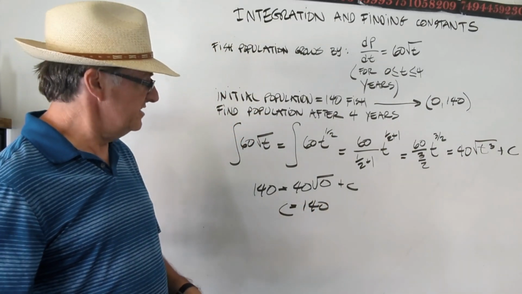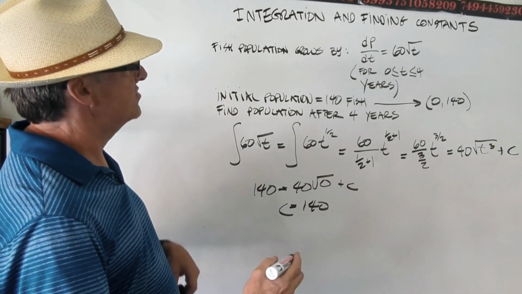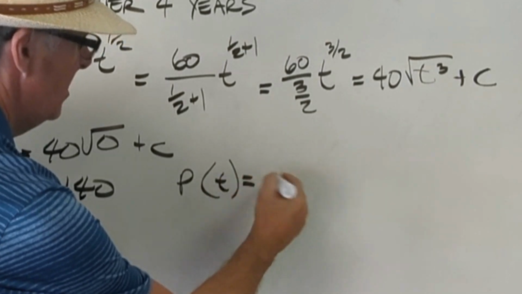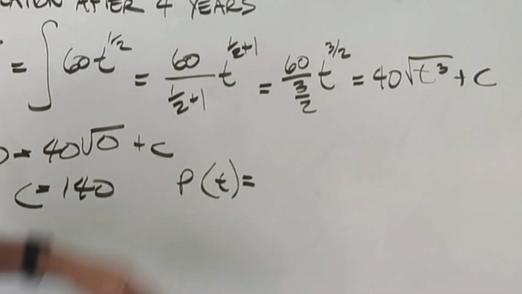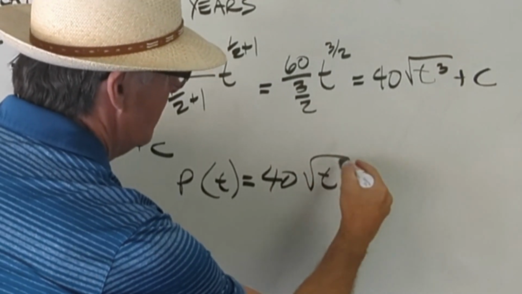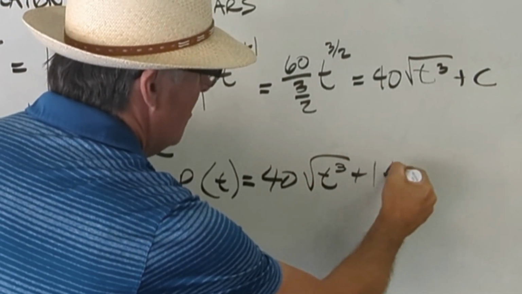So that is our c. So now we know our full function. Population as a function of time is going to equal 40 times root t to the third power plus 140.